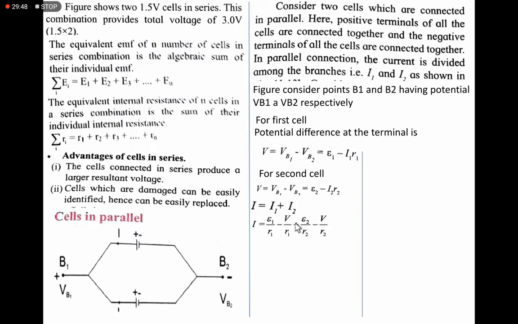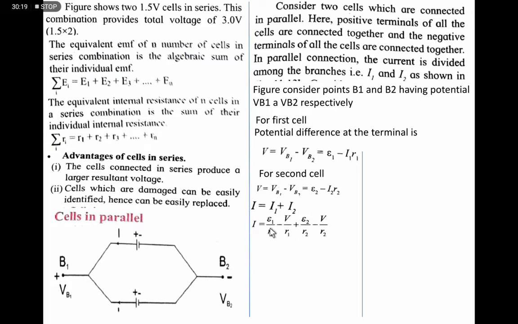Similarly, we'll write E2 divided by R2 minus V by R2. Rearranging this equation, V is equal to E2 minus I2 R2. Okay, this becomes I2 R2 is equal to E2 minus V. For I2, it is E2 minus V divided by R2. So we'll write E2 by R2 minus V by R2.